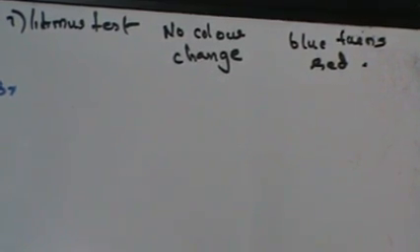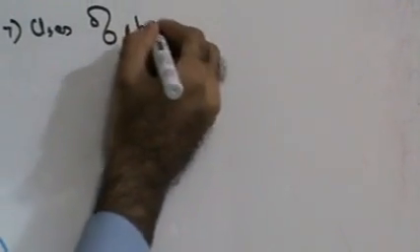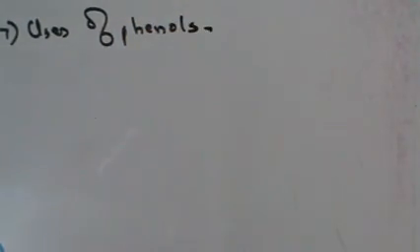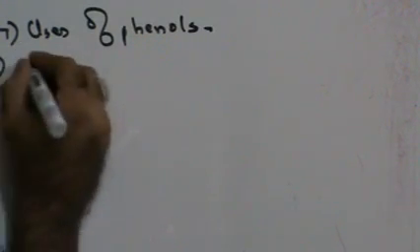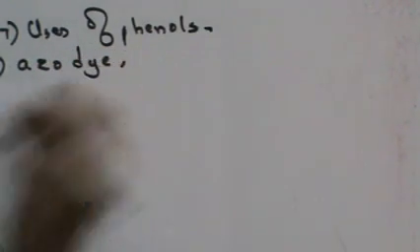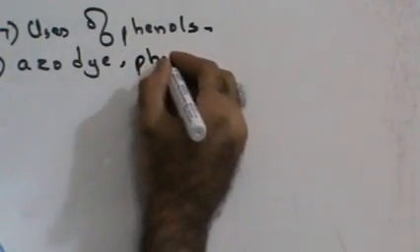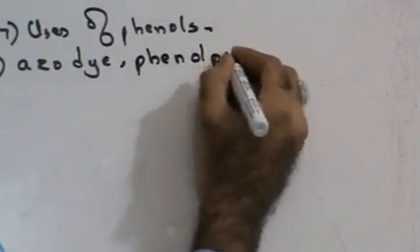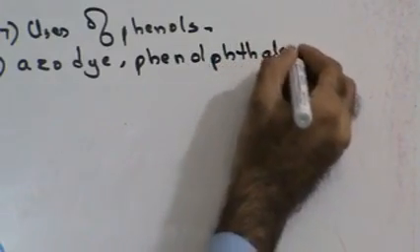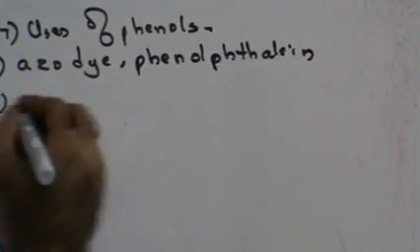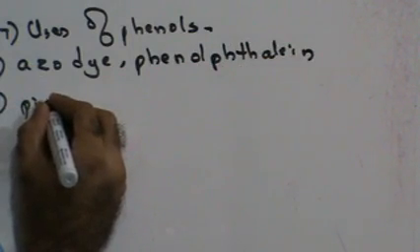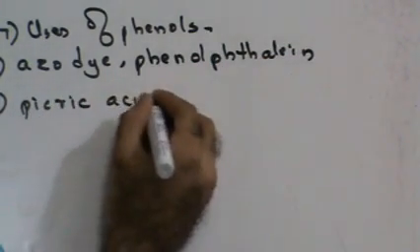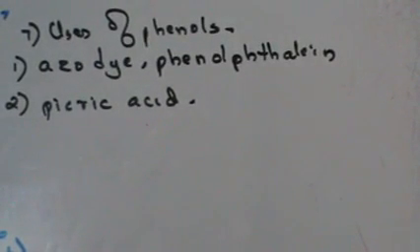Now, what are the uses of phenols? First, it is used for making azo dye. It is also used for making phenolphthalein. Then it is used for making picric acid. Picric acid is used in explosives.